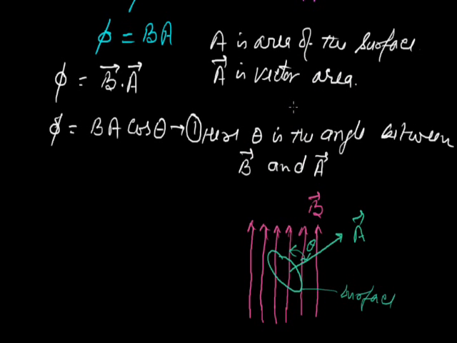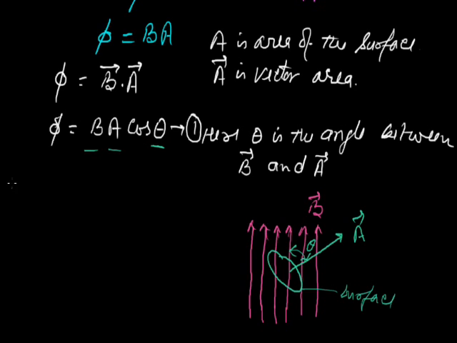From equation 1 it is clear that the value of phi depends on B as well as on A, and also on theta. On changing the value of theta, phi will change. On increasing the value of theta, cos theta will decrease, so phi will also decrease.